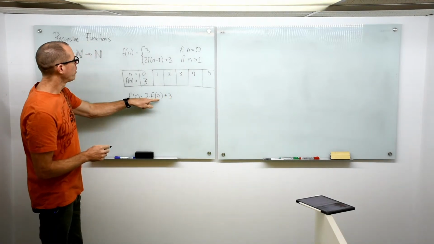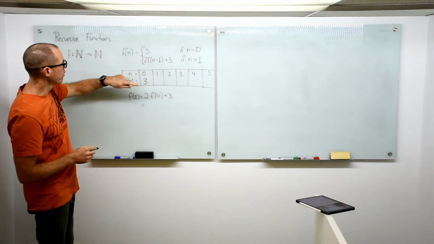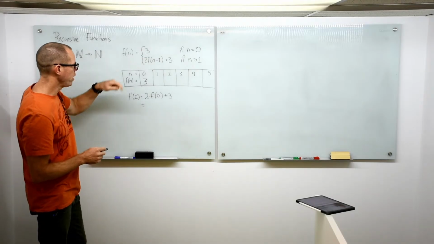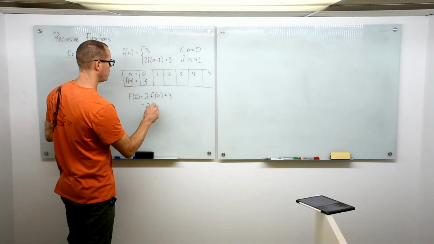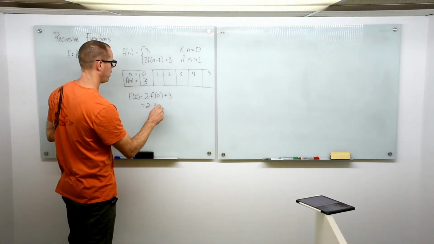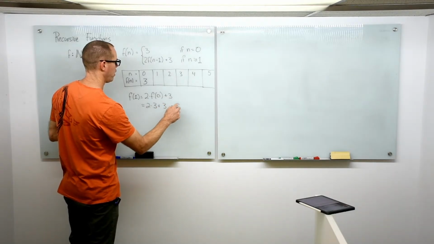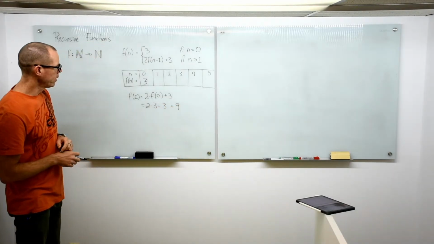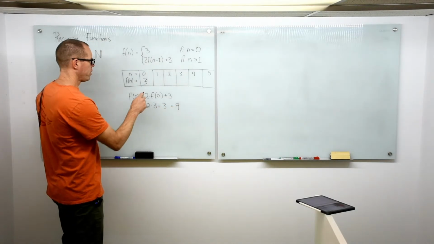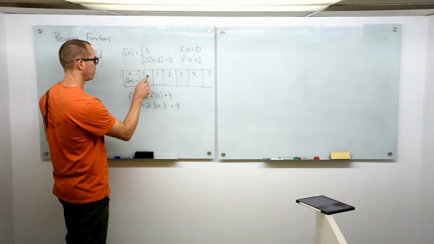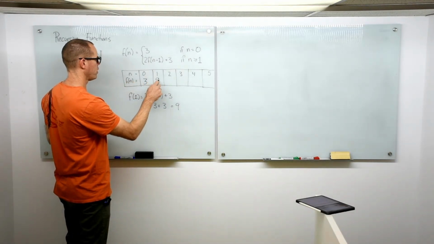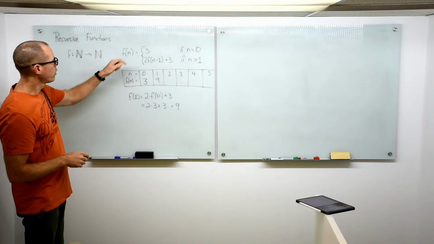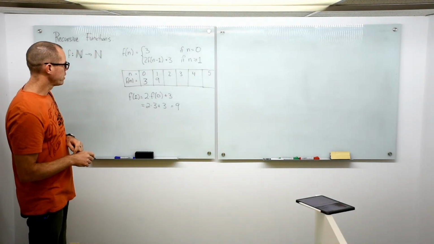And what's f of 0? Well, we already have it here. It's directly defined as 3. So this is 2 times 3 plus 3, which is 9. Okay? So we can write that down here. So here n is 1, f of n is 2 times 3 plus 3, which is 9.